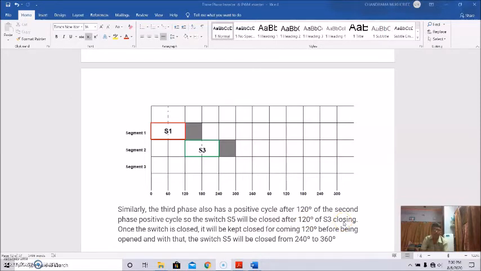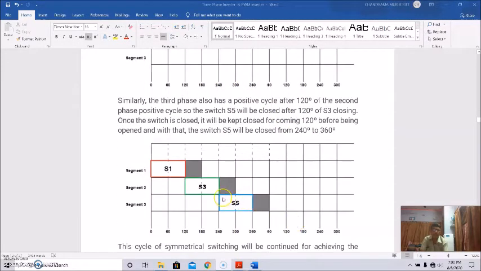It will be closed at 240 degrees, for the coming 120 degrees before being opened, so the switch S5 will be closed from 240 to 360 degrees. This is shown here, the S5 closing area.